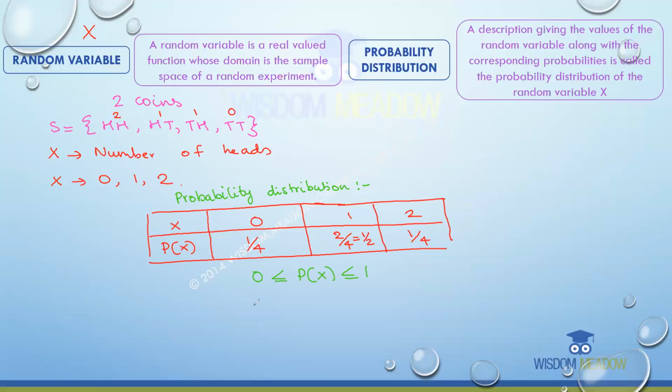That is P of X equal to 0, this is the probability when it is equal to 1, because the random variable is 1 over there, and this is the probability when it's equal to 2. So when you add them up, P of X equal to 0 plus P of X equal to 1 plus P of X equal to 2, that's going to be equal to 1. These are some of the properties being satisfied in a probability distribution table. I hope it's clear to you.